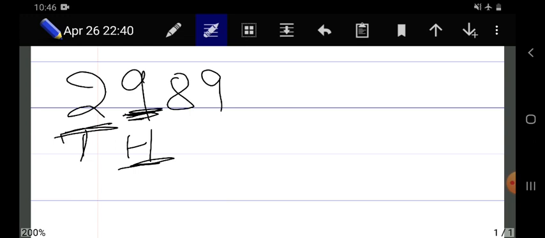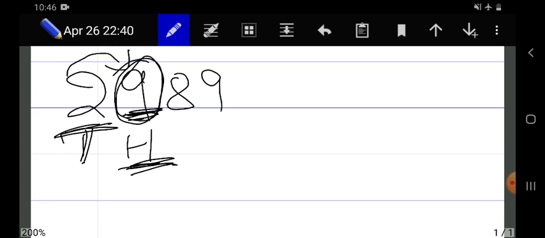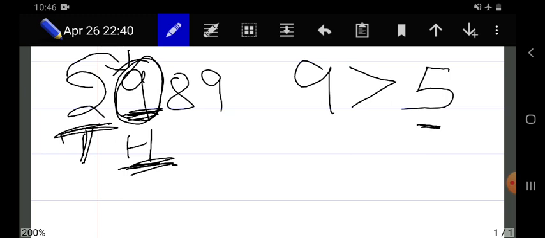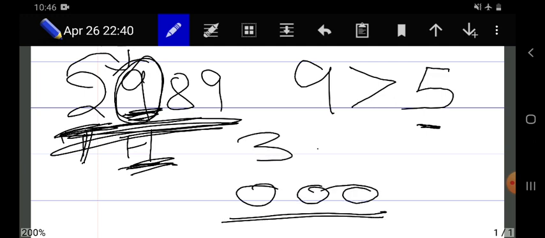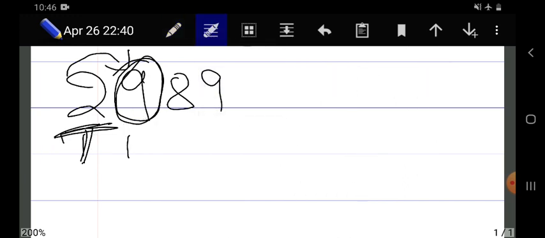Again we take the place value before it, that is the hundreds place, and the number at the hundreds place is 9. 9 is greater than 5, so we will estimate it to the next number, the greater number that has 3 zeros. So that will be 3000.